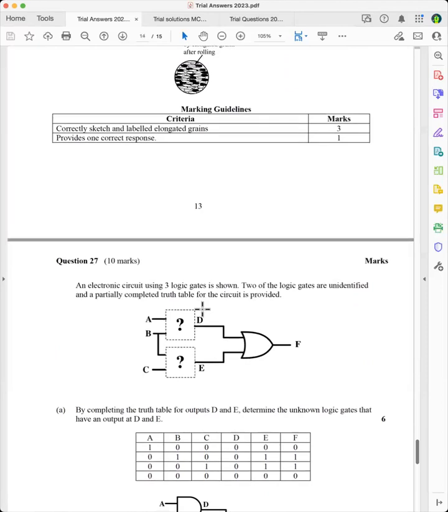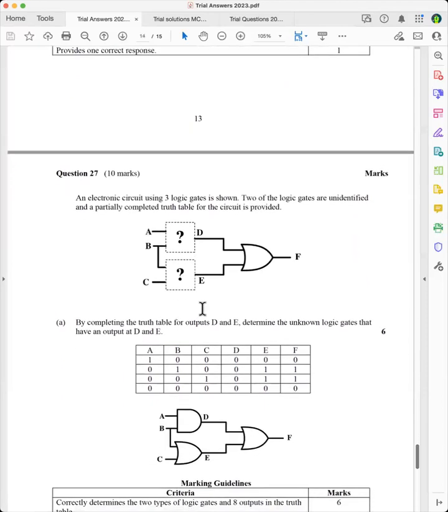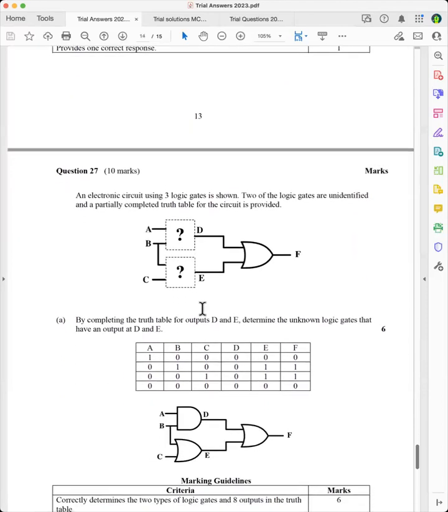Question 27, part A. You have these logic gates and you're asked to find what logic gate is here and what logic gate is there to produce this output. And the way you do that is, you weren't given any of these values here. You had to work out what those values were, because it says here, by completing the truth table.